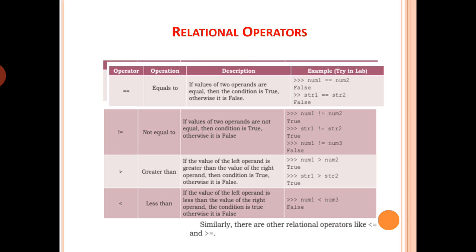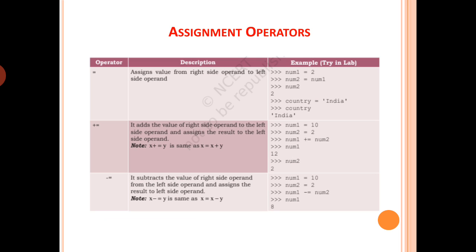Less than. If the value of the left operand is less than the value of the right operand, the condition is true, otherwise it is false as shown with the help of the example. Similarly, there are other relational operators like less than equals to, and greater than equals to.